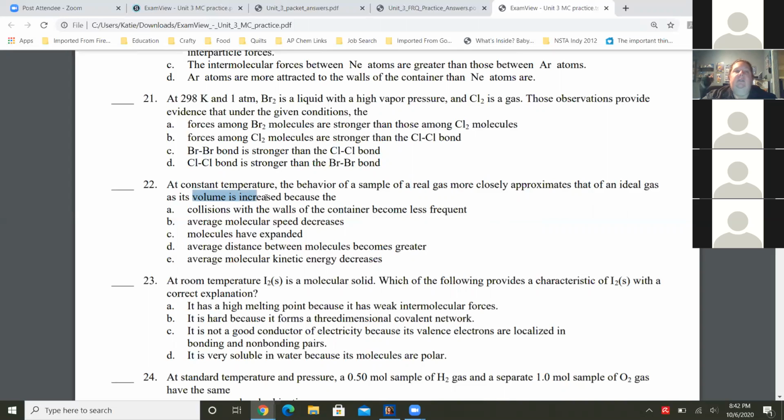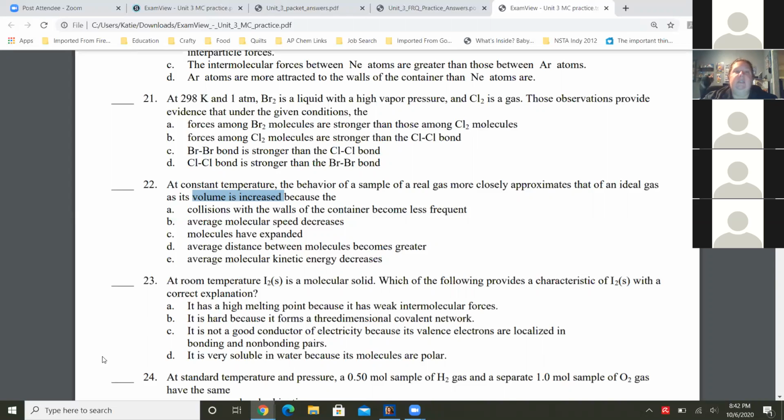If we increase the volume, we would be decreasing the pressure. That's true. But that's not going to necessarily make it act ideally or not ideally. That's just a relationship between all gases.